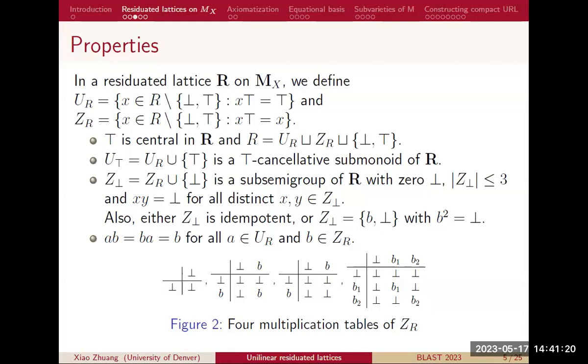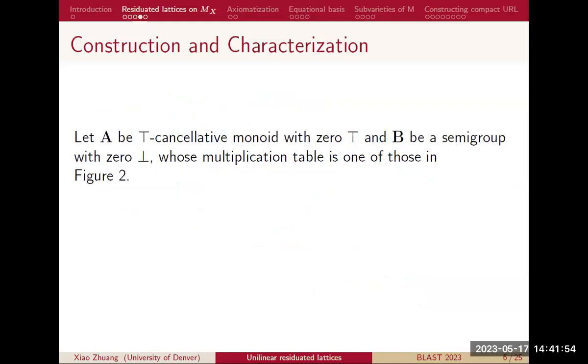And the last part about the property of such restricted lattice is that the element in U not just plays the role of the multiplicative unit for T, it also plays the same role for the elements in Z. So their product will always be B, which is an actual element in the set Z. So these are the properties we found, and based on the properties and the information I just mentioned about the integral ones, first I'm going to give a construction and then give the characterization.